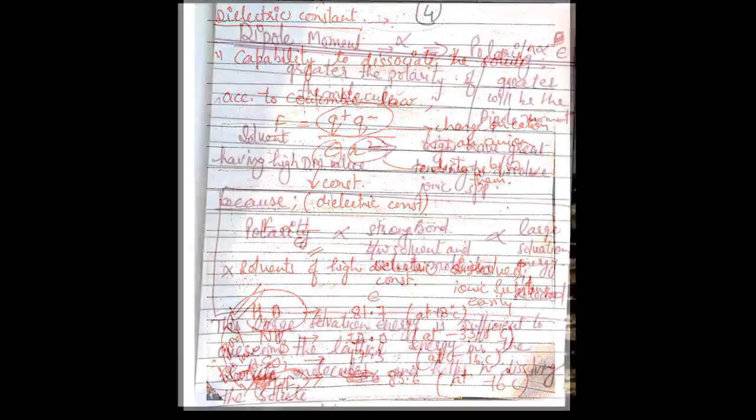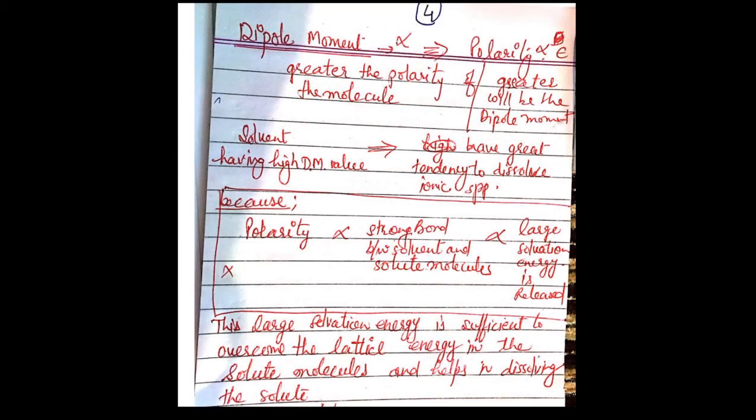The next property of a solvent is dipole moment. Dipole moment is related to the dielectric constant of the solvent, and it is also related to the polarity of the bond in the molecule. The greater the polarity of the bond in the molecule, the larger will be its dipole moment.